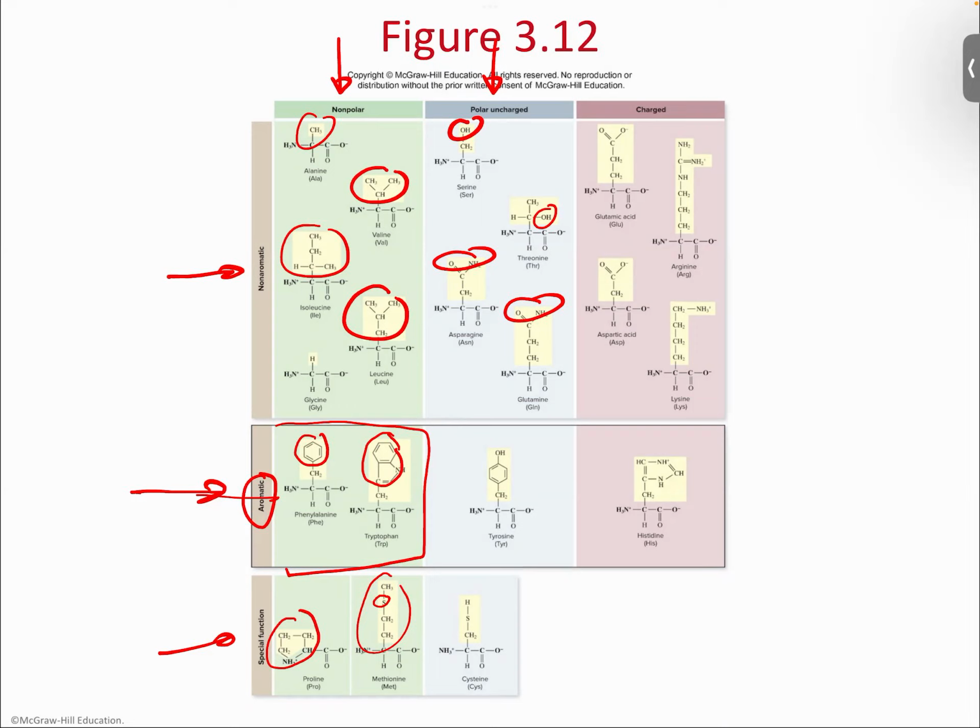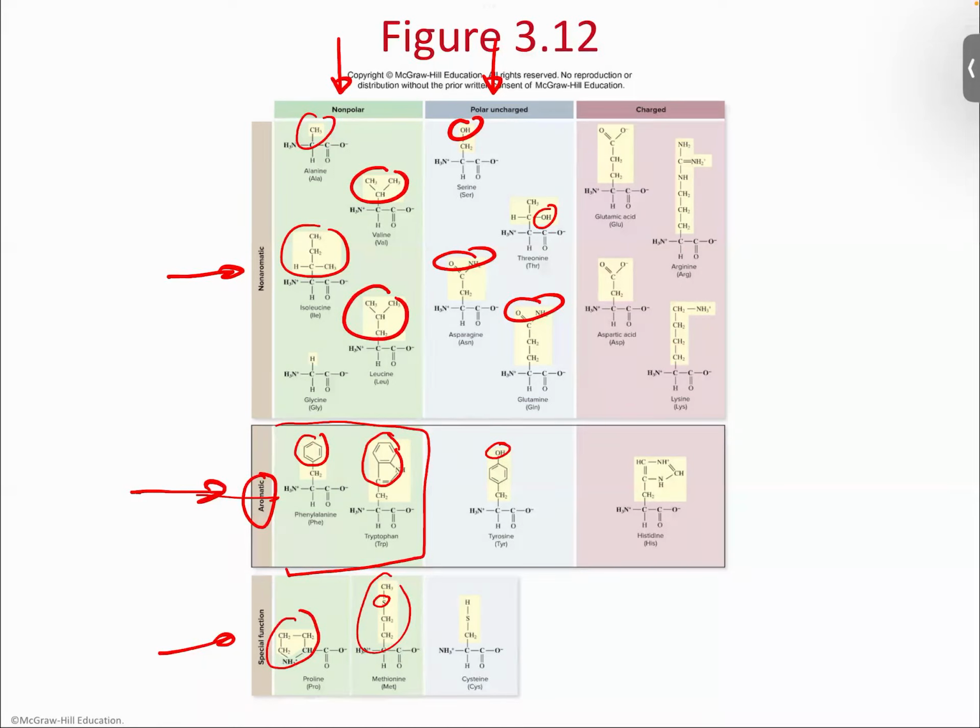But they don't have a ring, so they're just basic chains. That makes them non-aromatic in nature. They're non-ring-like. This guy down here, tyrosine, has an oxygen on it and a ring, which makes it polar and aromatic because it's got that alternating double bond ring situation going on there.